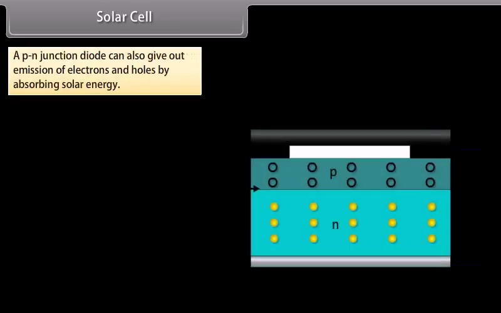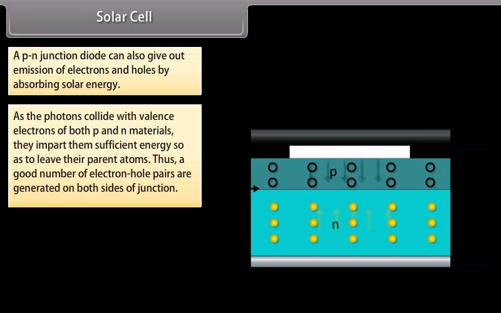A p-n junction diode can also give out emission of electrons and holes by absorbing solar energy. The P material at the top is very thin compared to the thickness of the N material. Thus, solar energy photons entering from the top glass window easily penetrate up to both sides of the junction.